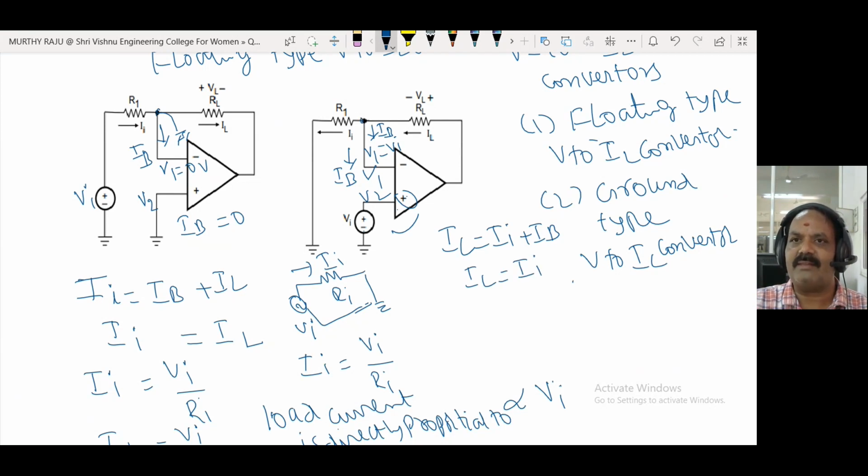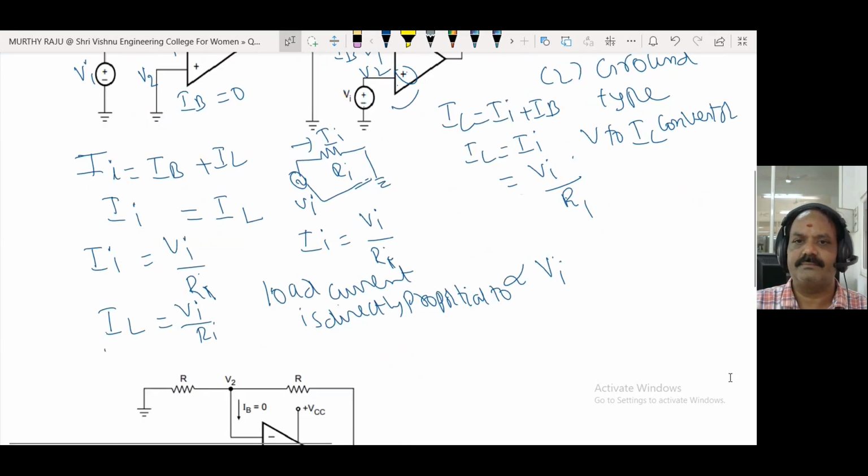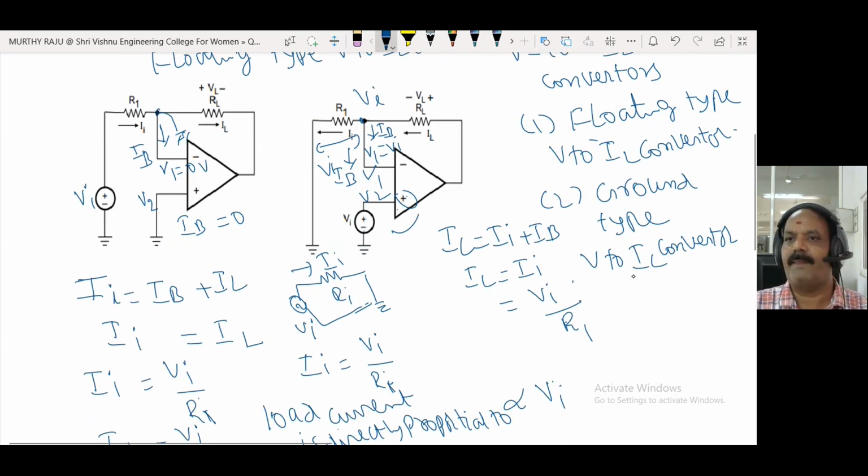The voltage available at this point is VA with respect to ground. Therefore, IA is equal to VA by R1. Again, load current IL is directly proportional to input voltage VA. The constant of proportionality is 1 by R.